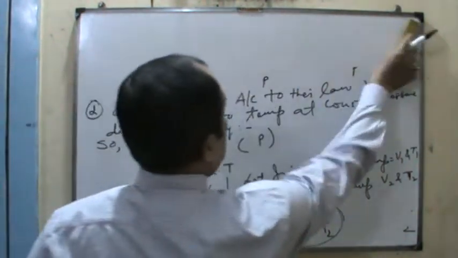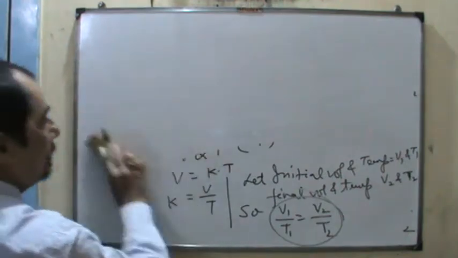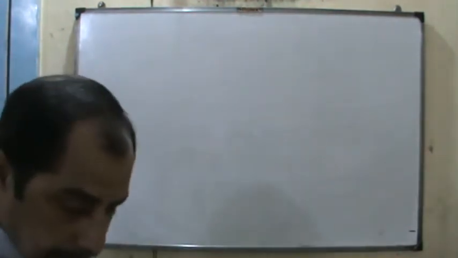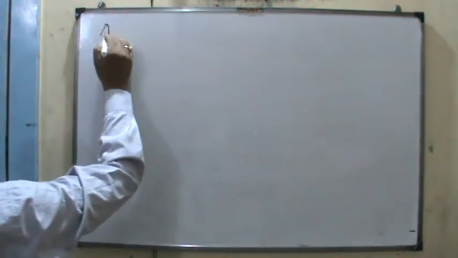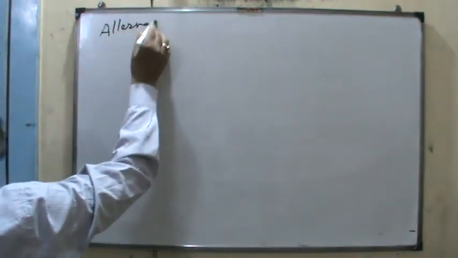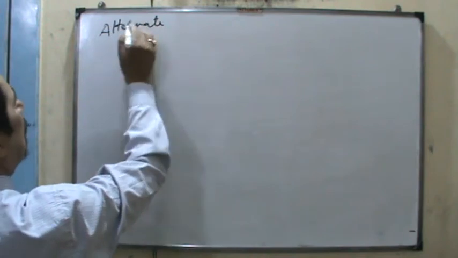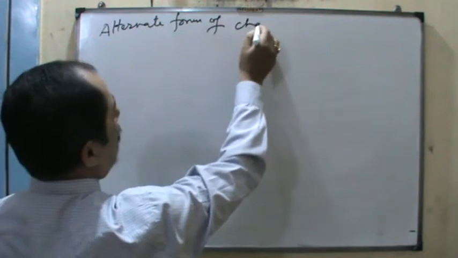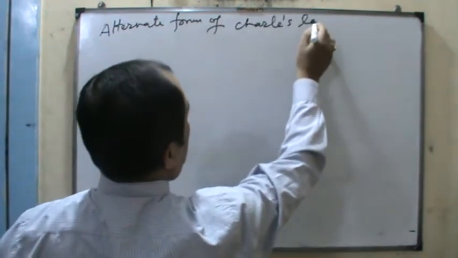The alternate form of Charles' law can also be expressed as, so write down: the alternate form of Charles' law.